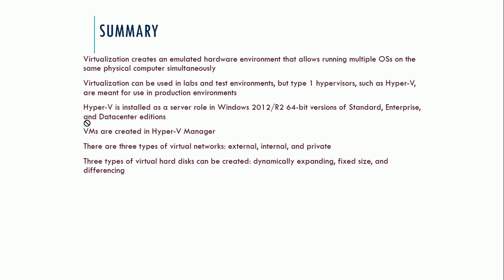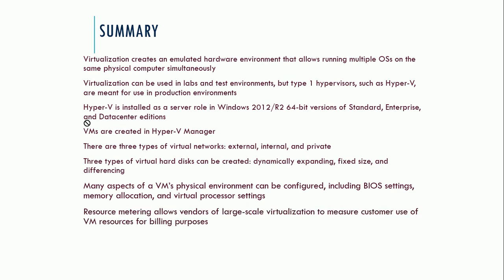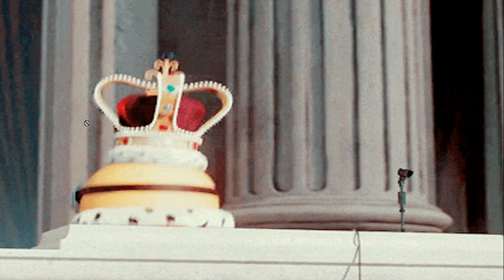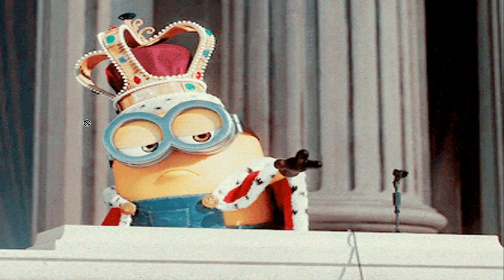There are three types of virtual disks, which we talked about: dynamically expanding, fixed, and differencing. We talked about configuring the physical environment and BIOS settings, memory allocation, processor. I talked about resource metering for billing purposes, or at least for monitoring resources within different departments, and that's it. So this presentation concludes all the material for this course.